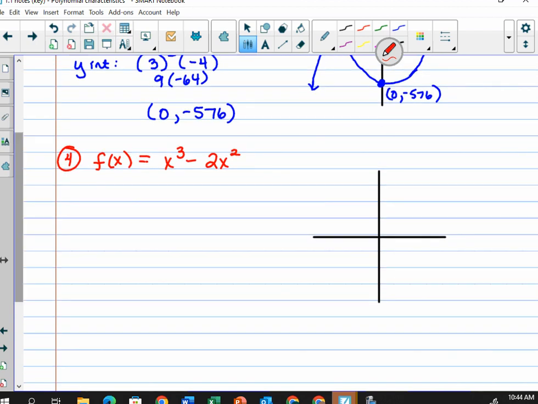What's different about this one? It's in standard form. So what do you think we need to do first? Factor. So it's good you guys are good at factoring, right? So factor it, and then you go through the same thing. Okay, degree, x-intercepts, multiplicity, y-intercept, all that stuff. So factor first, try to sketch that one.